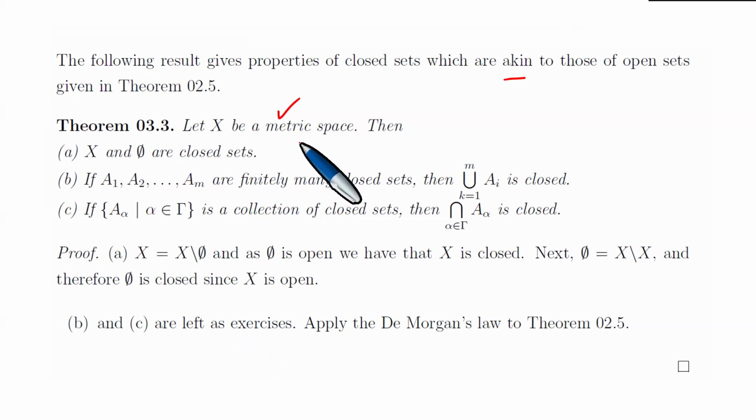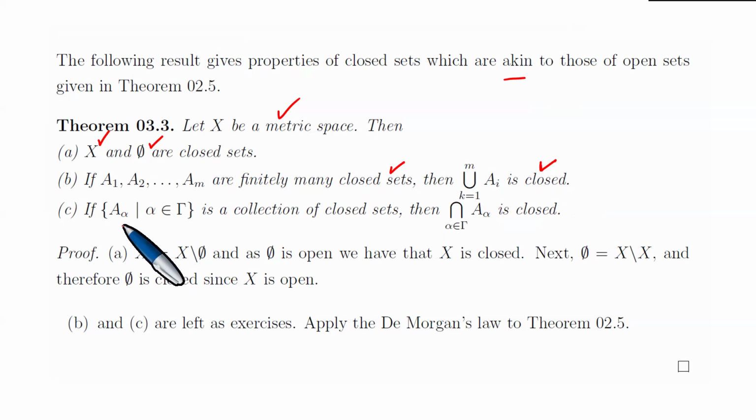So the whole space is closed, but the empty set is also closed. If A1, A2, up to AM are finitely many closed sets, then the union of these closed sets is itself closed.